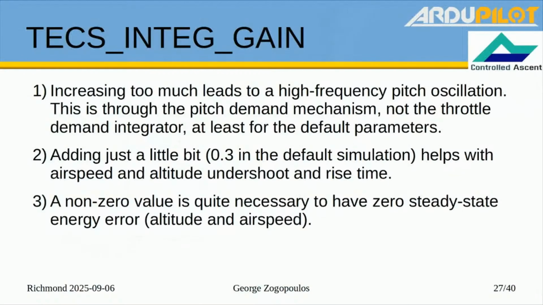The next parameter I want to talk about is the TECS integral gain. This is a parameter that says how much various integrators on airspeed and altitude wind up to help your pitch angle and your throttle match your reference and close down airspeed and altitude errors.